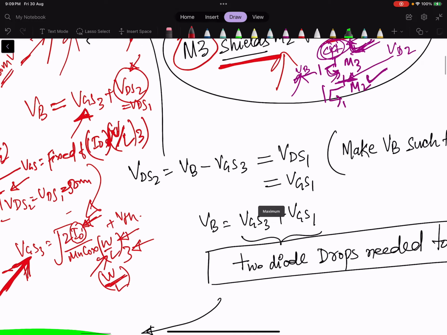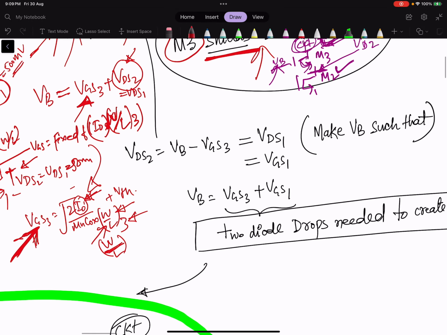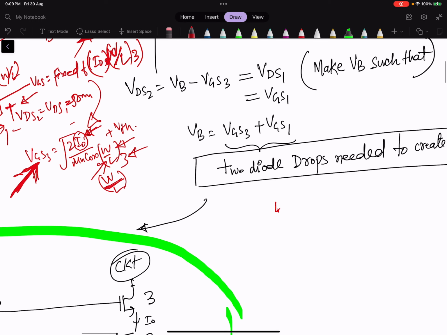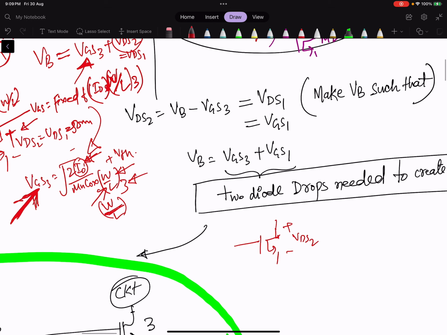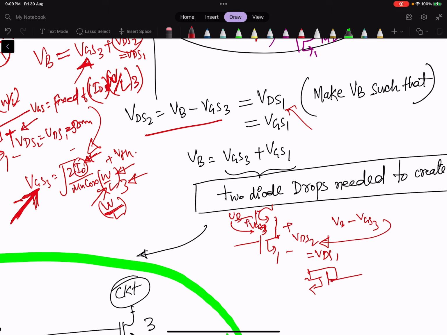From the circuit we know that VB minus VGS3 will be equal to VDS2, and this we want equal to VDS1. And from the current mirror circuit we know that VDS1 is equal to VGS.